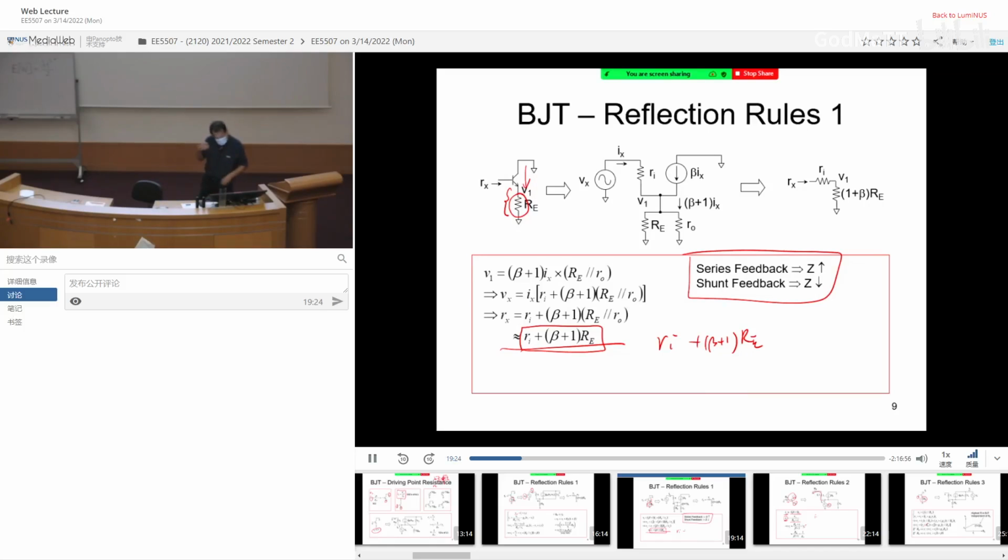So not only does knowing this reflection rule allow you to observe the driving point, it also gives you something desirable. Suppose I want to boost the resistance looking into the base terminal. What can I do? I can insert a resistor at the emitter terminal. Okay, so it gives you something to think about and to do.